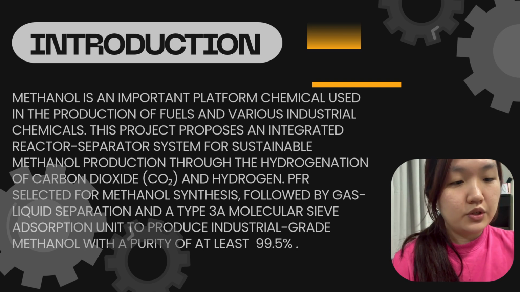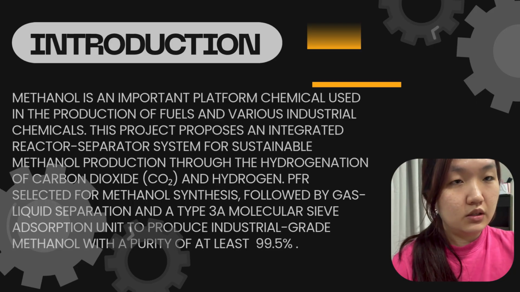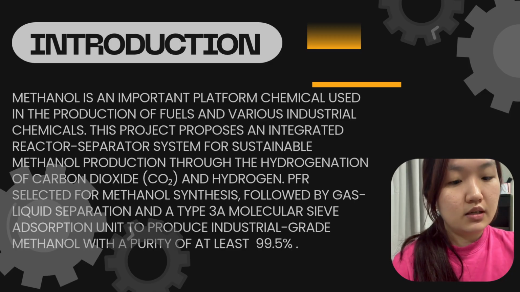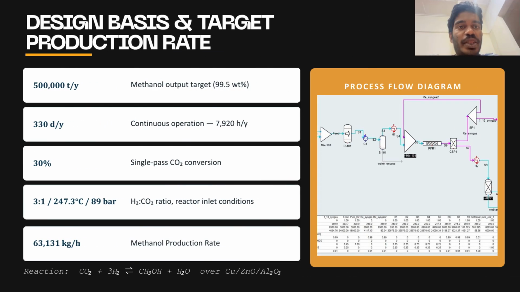Therefore, our project objective is to design an efficient methanol synthesis process, evaluate reactor performance, including conversion, yield, and selectivity, develop an absorption system for methanol purification, and last but not least, integrate the reactor and separation units into a sustainable production process.